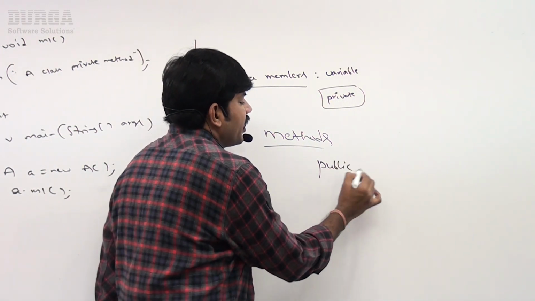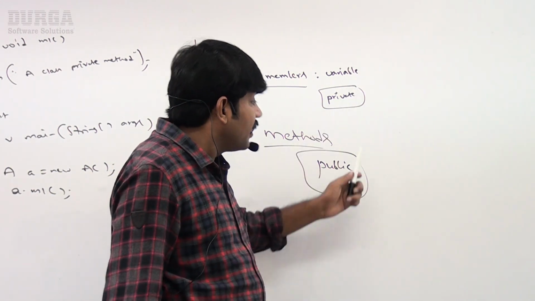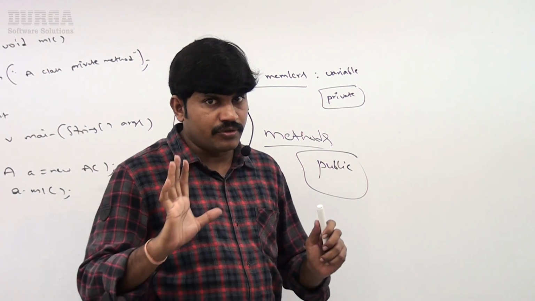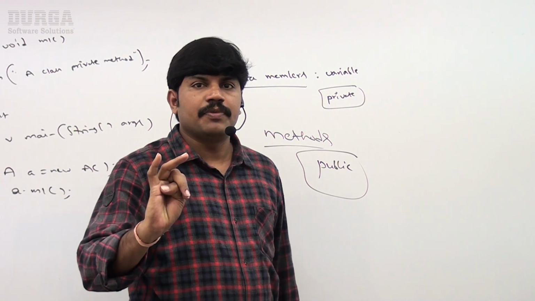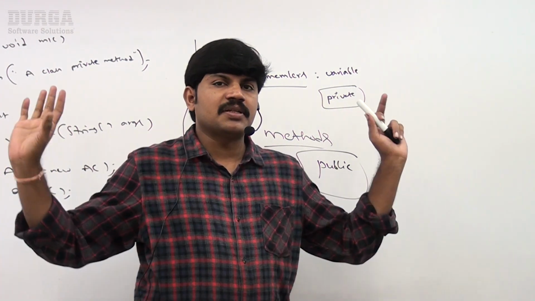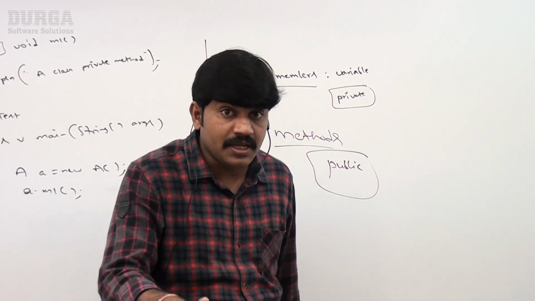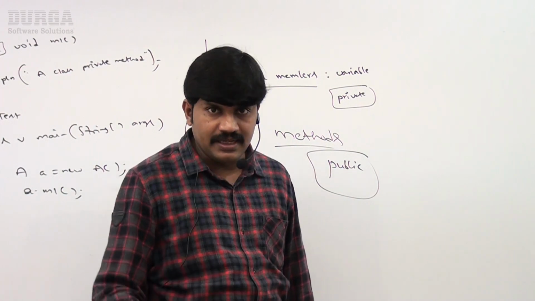Recommended modifier for variables is private; for methods it is public. Very important points. A public member can be accessed by any person, a default member within the same package only, and a private member within the same class only. That's it.